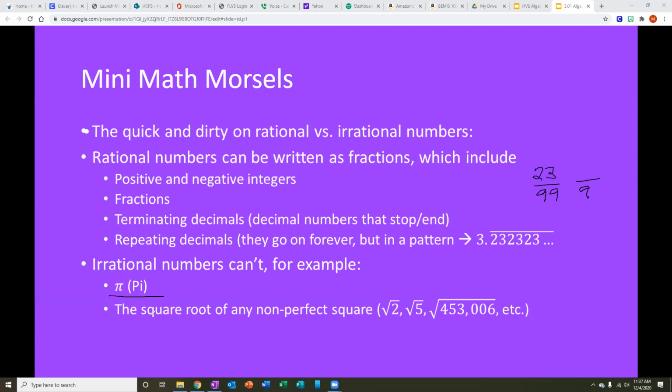There's pi, which is the famous one, but any square root of a non-perfect square, like the square root of 2 or the square root of 5, is an irrational number. If someone asks you for an example, you can say it can't be written as a fraction, like the square root of 2 or the square root of 5. That's something some people have come up against as a challenge in this unit.